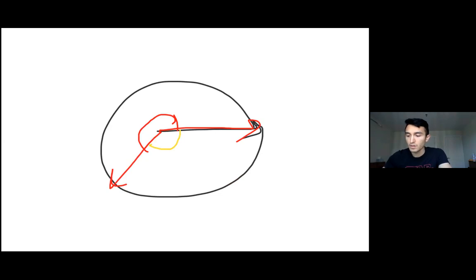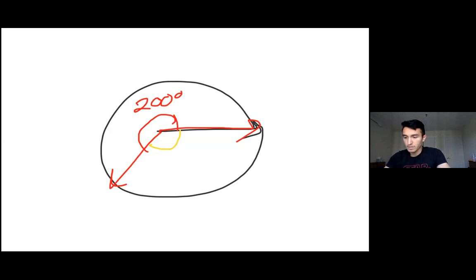So let's say that this red one was, I don't know, 200 degrees. Start here, you go all the way past 180 and then 20 more degrees down. The yellow part, the coterminal angle, is what's left.